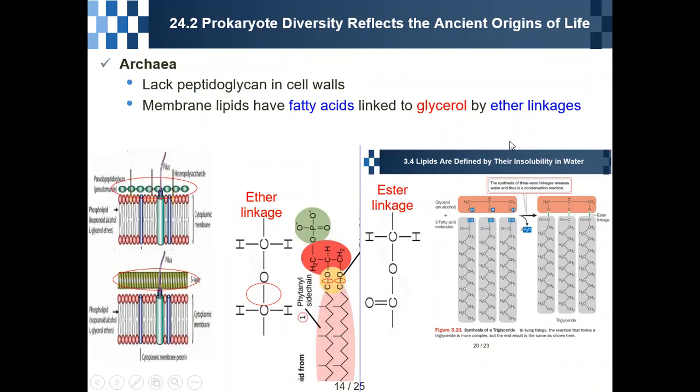Previously we learned that in the lipid bilayer, lipids are linked by an ester linkage. They have three fatty acids and one glycerol, which combine to each other. This is the ester linkage, where oxygen combines to the carbon, like this.